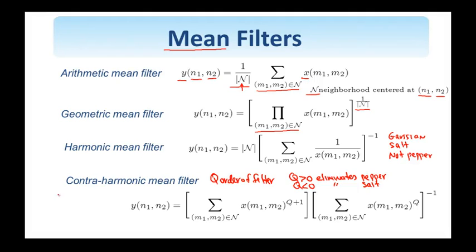It's easy to verify that for Q equals 0 I obtain the arithmetic mean, while for Q equals -1 I obtain the harmonic mean filter.